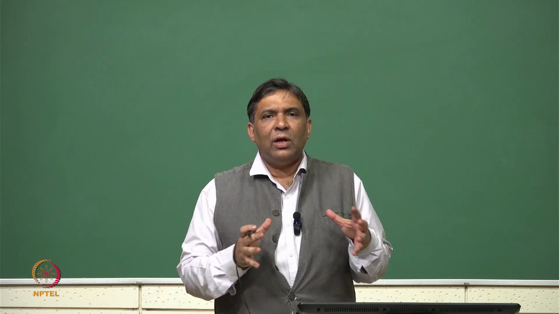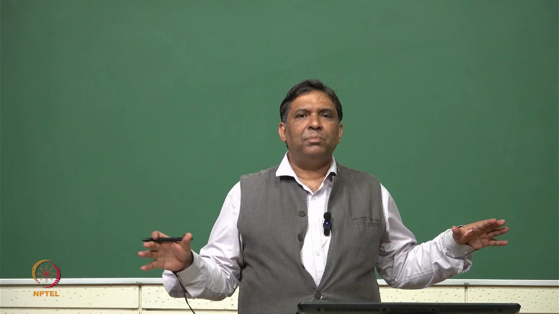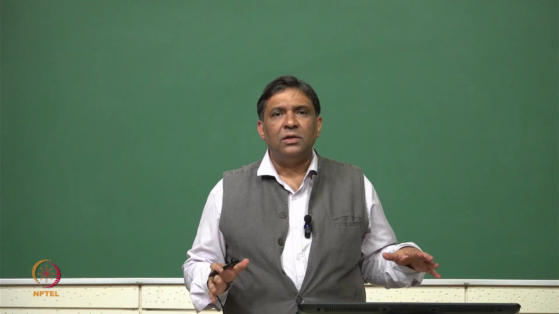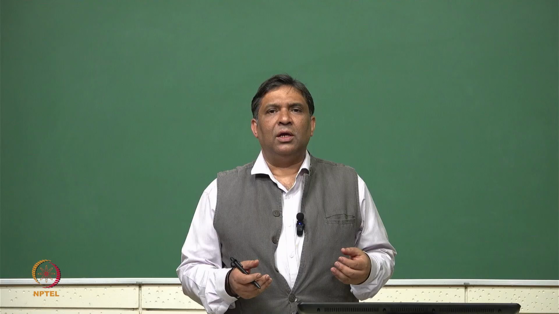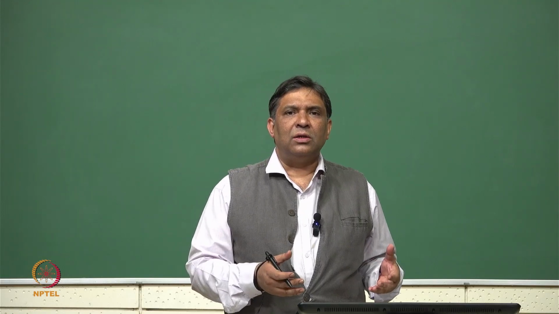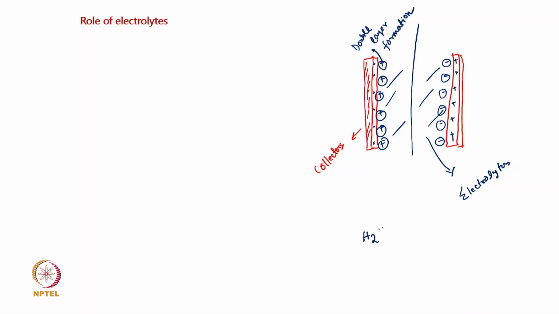The electrolyte is a material which gives a conducting path in the supercapacitor. Typically people use an organic electrolyte or an aqueous electrolyte, something like H2SO4, KOH, etc., or say acetonitrile as the electrolyte material.